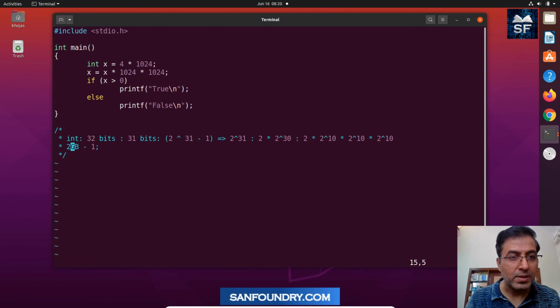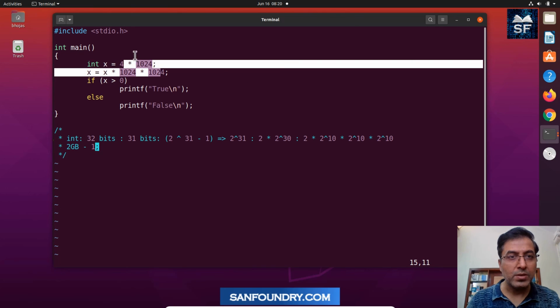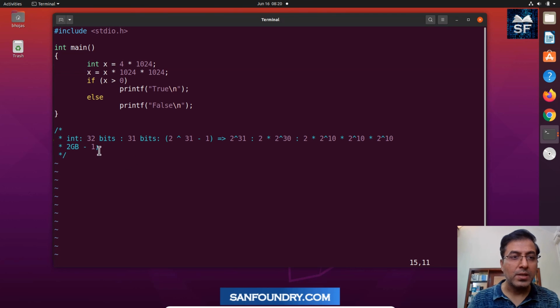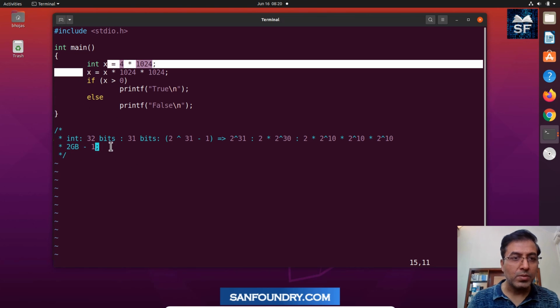We have a minus 1 here. The moment we overshoot this value, which when you calculate is 4 gig, 4 into kilo, we are essentially entering an overflow condition in an integer.